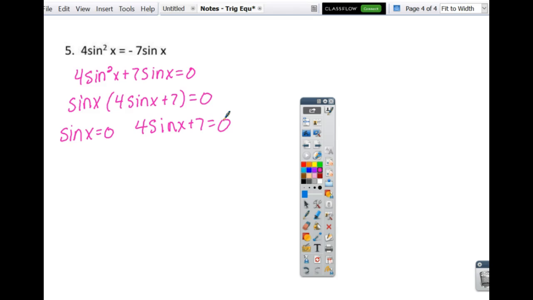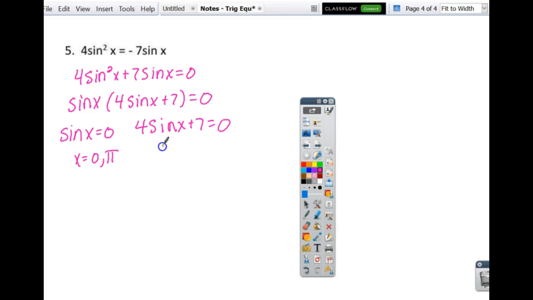So on this one, where does the sine of x equal 0? Sine is 0 at 0 and pi.